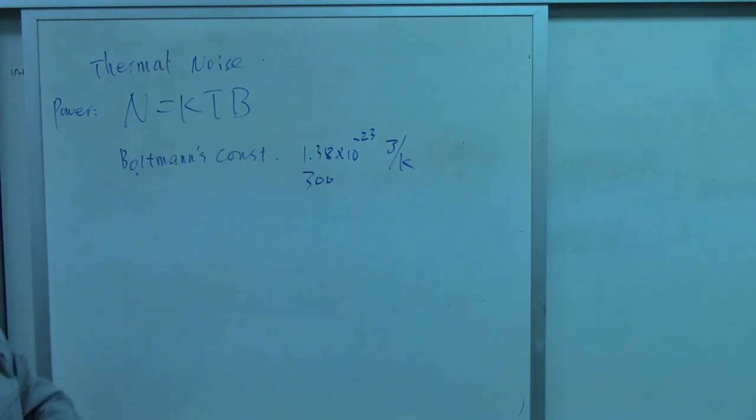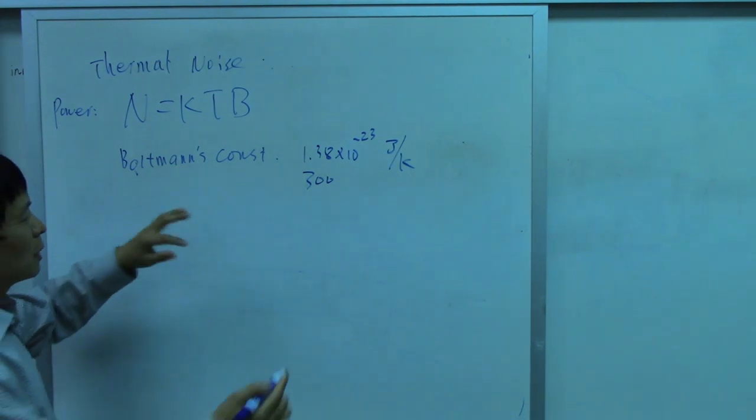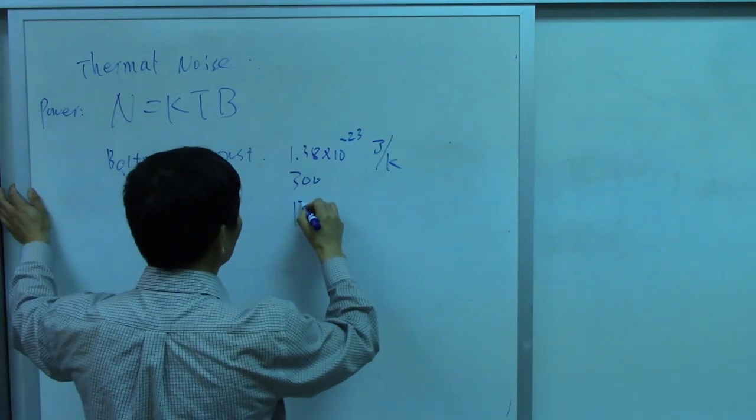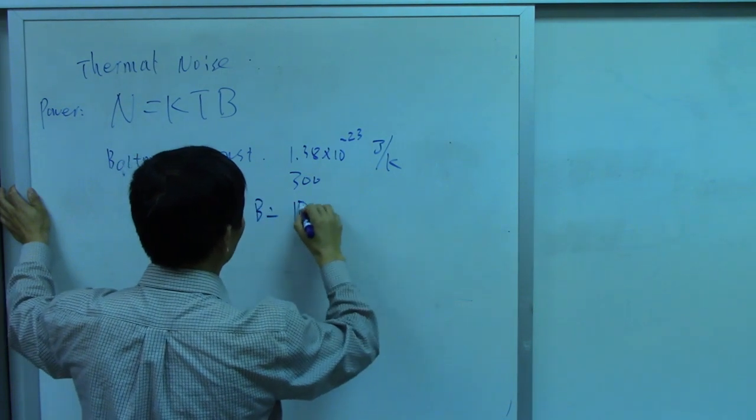And what is the bandwidth of your cell phone or anything? Like 10 meg, for example. AM radio is like several dozen K. FM is like 200 K or something. So we just make some assumptions. Suppose B equals 10 meg.